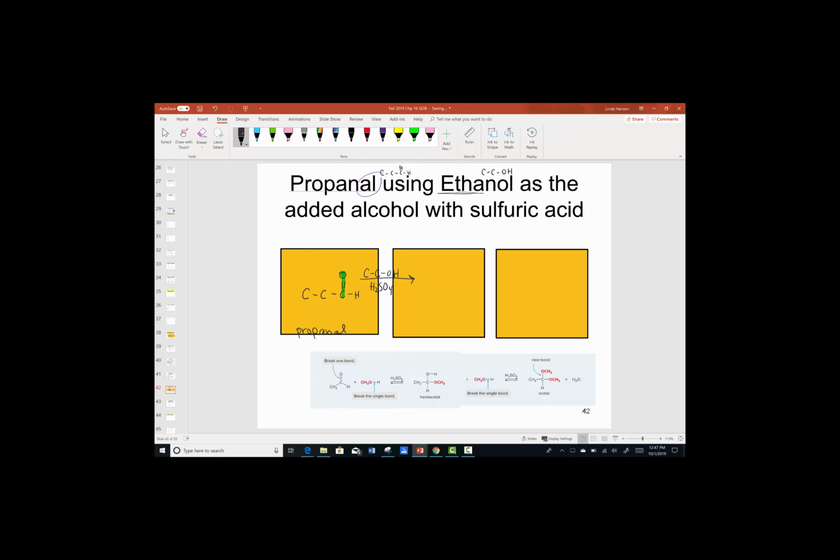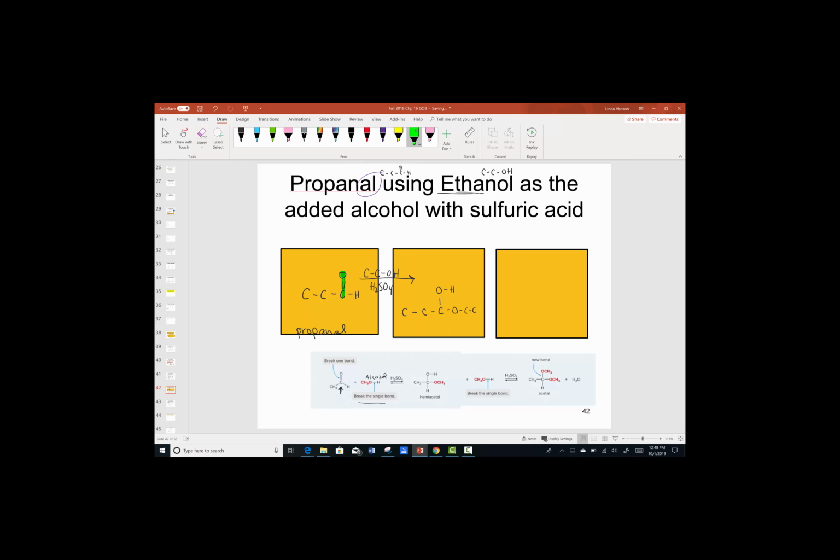Remember the addition. It says in step 1, we break the single bond in the alcohol, and we break one of the 2 bonds in the carbonyl carbon. And those create sites of attachment. And so again, just drawing the 3 carbon that was originally a carbonyl breaks the double bond and creates an attachment for the hydrogen, and it creates a second attachment for the remainder of the alcohol.